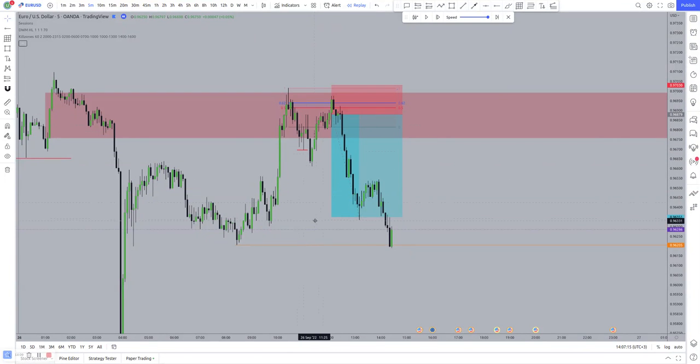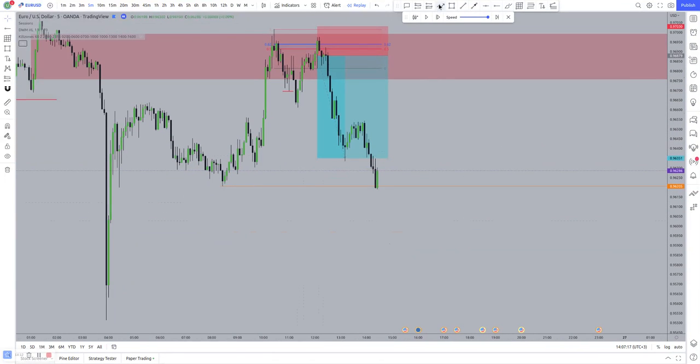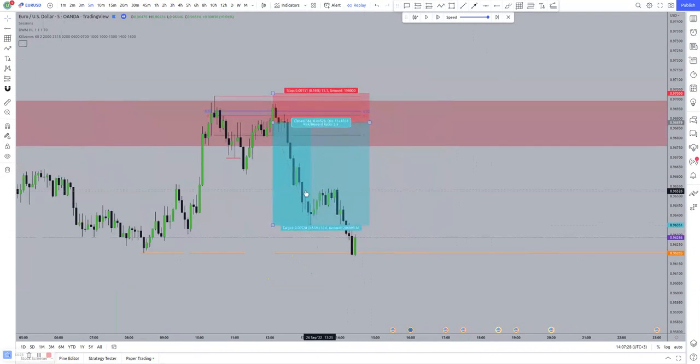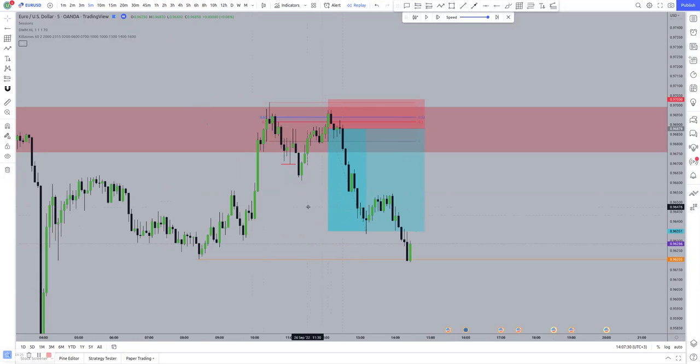Okay, this is a break in structure, a shift in structure, whichever you call it. This is a shift in structure, not a smart money reversal. And then on M5 we had this shift in structure, a return to this area, and then we take our trade here, and our 50 pips is bagged. So that's how I took this trade.